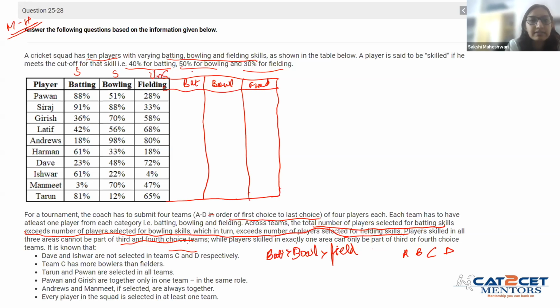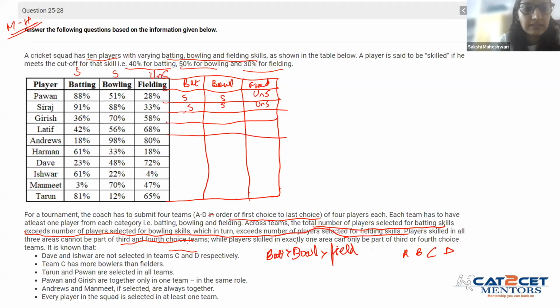Now, as we discussed, this is skilled, skilled, and unskilled. You need to identify all of those, who is skilled, who is unskilled. This is simple. This is unskilled.